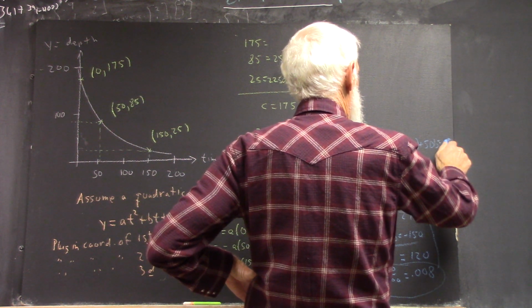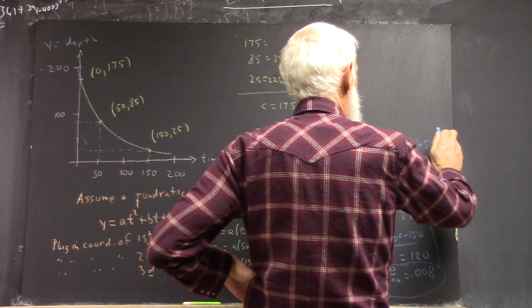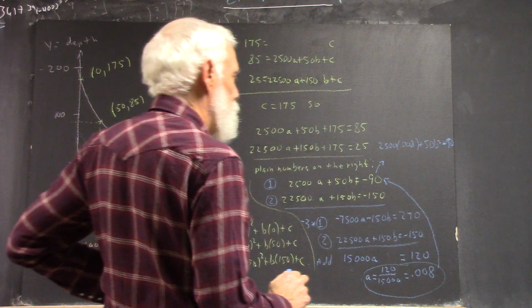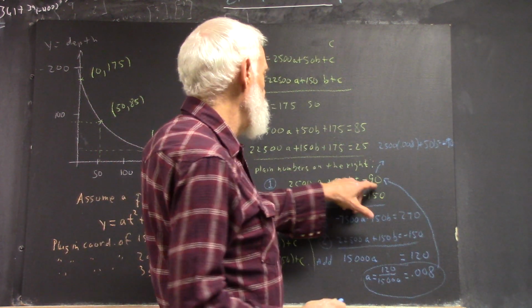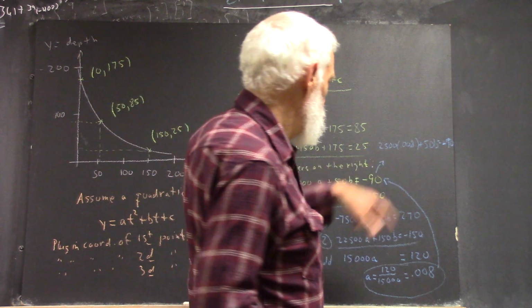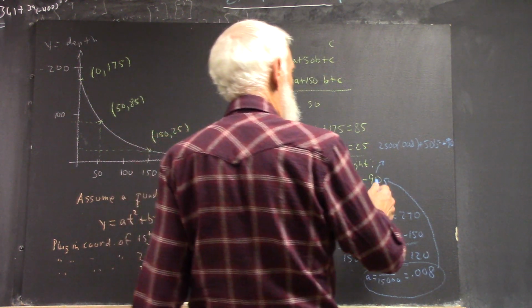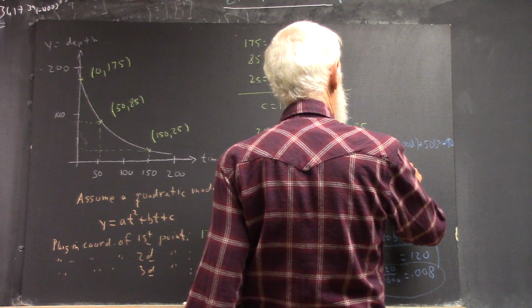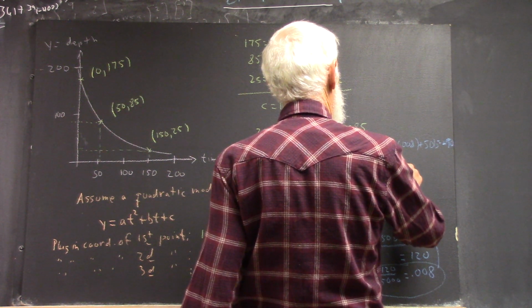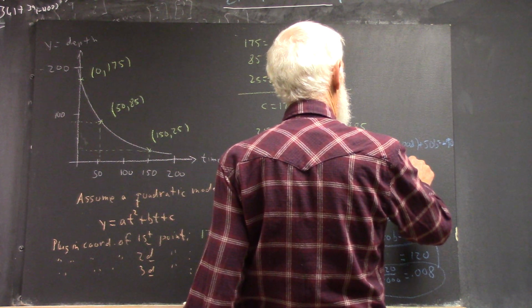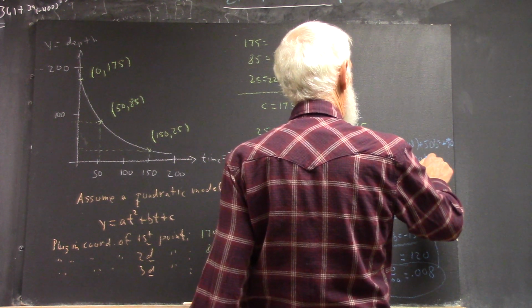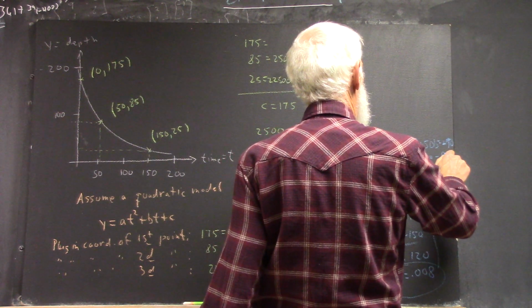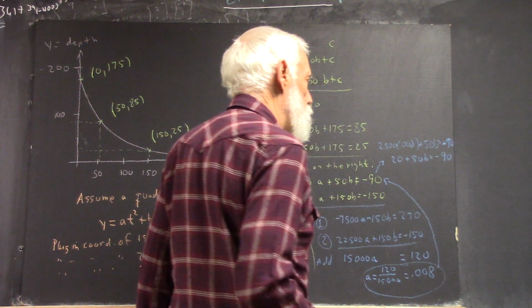So this gives me 20 plus 50b equals negative 90.